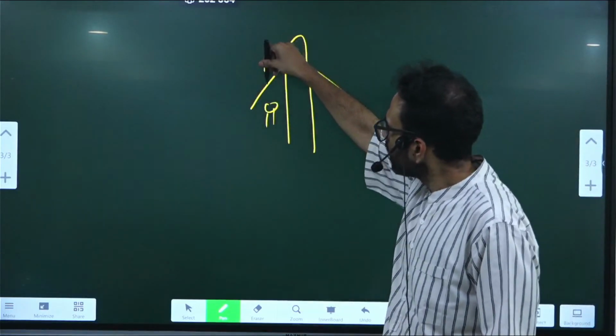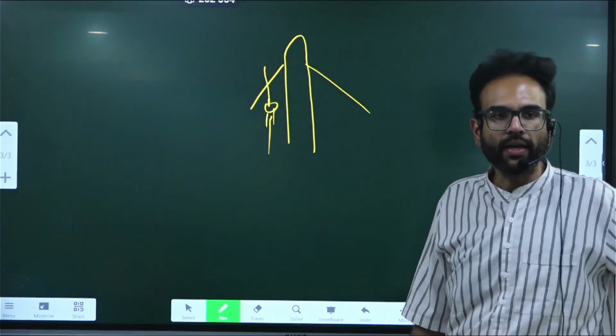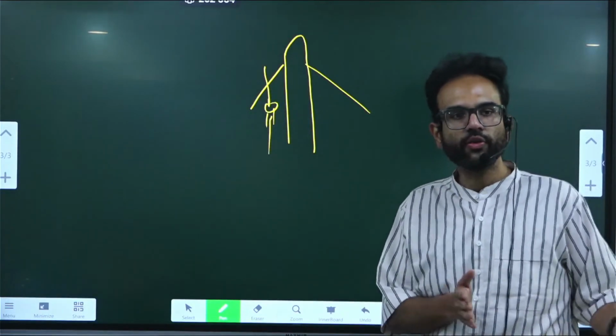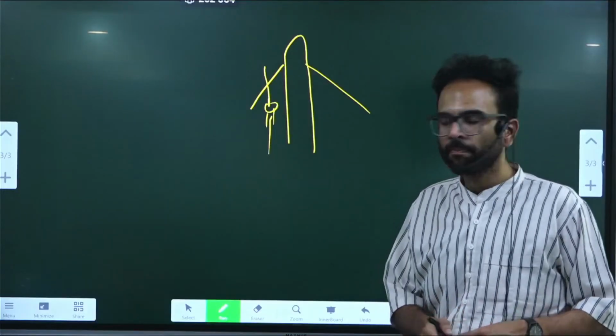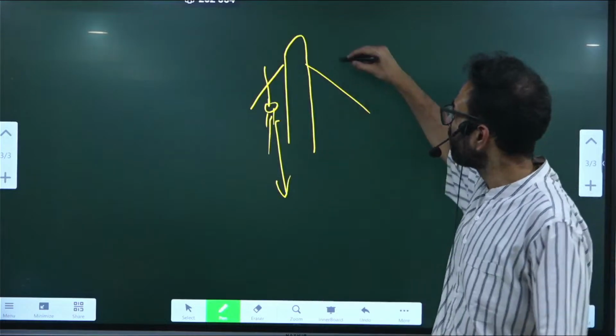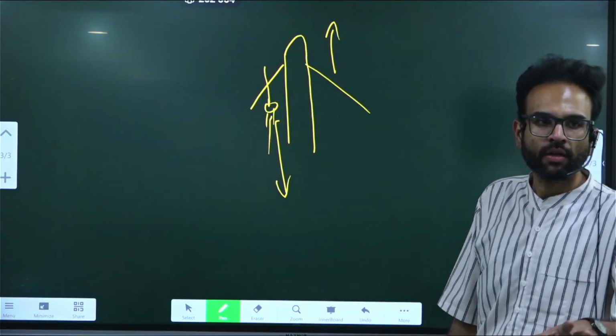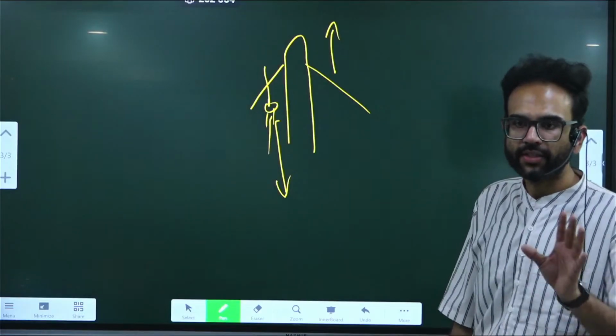What will happen? It will suck air from here and push the air very quickly. Once you are pushing, it's Newton's third law. Because you are pushing air in this direction, the flight will move in the opposite direction. Every action has an equal and opposite reaction.